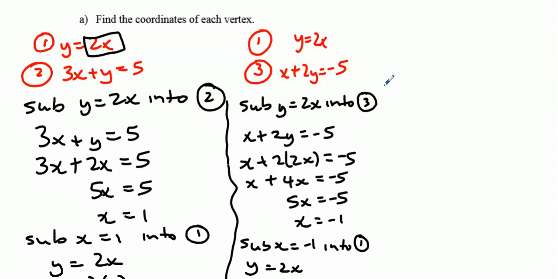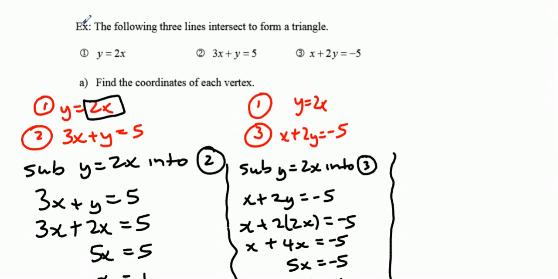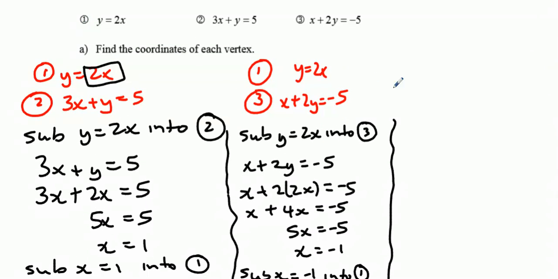So, last one here. We got to use 3x plus y equals 5 and x plus 2y equals negative 5. So this is 2 and 3.